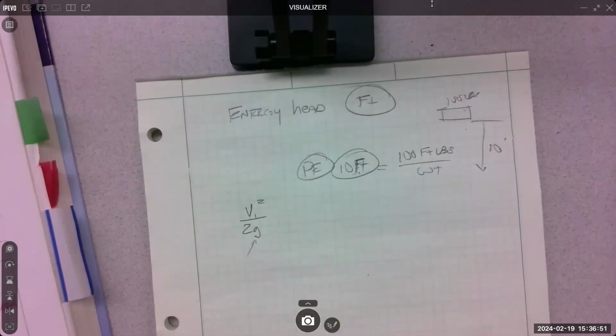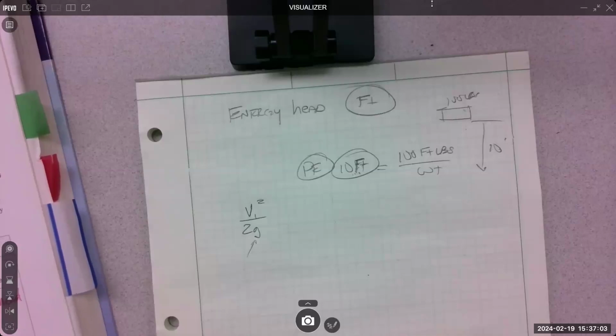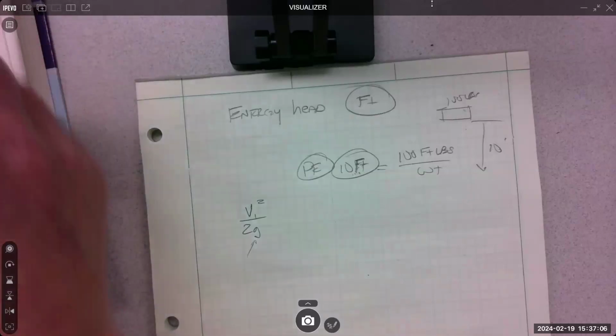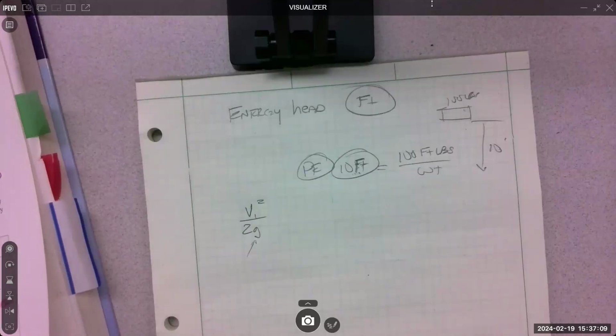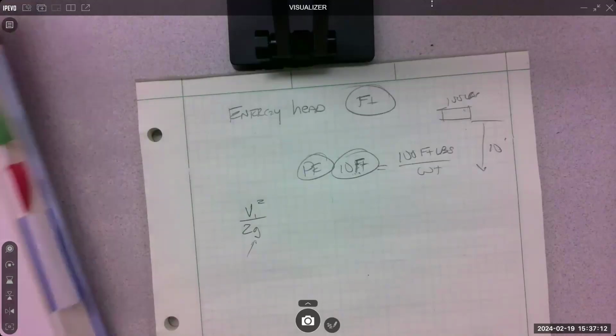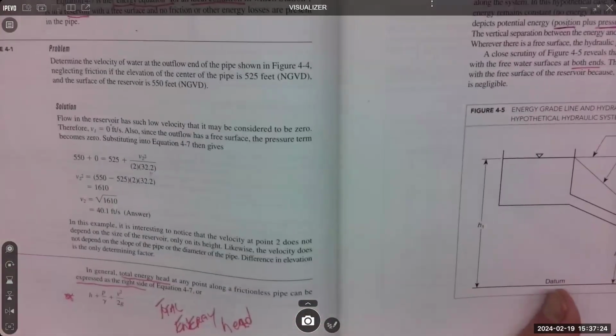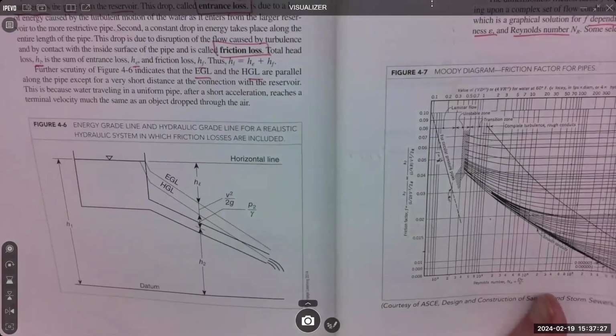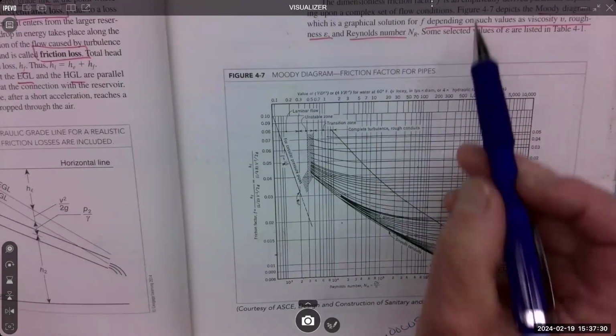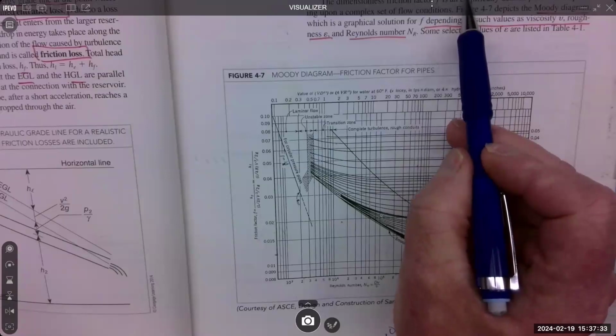I'd like to use the terminology they use, so in the US system, it's 32.2 feet per second squared.